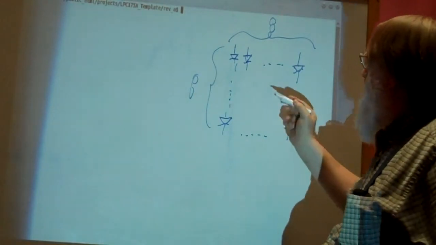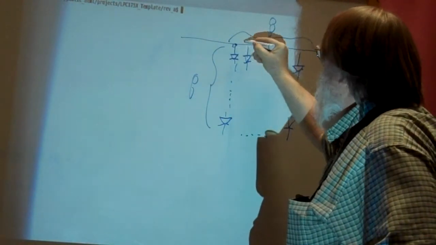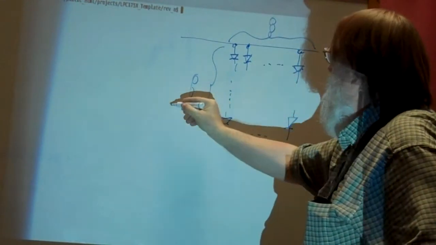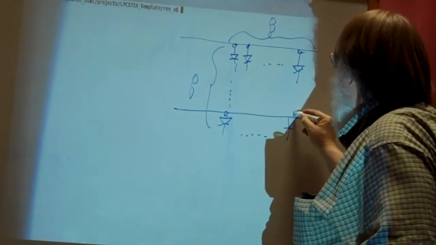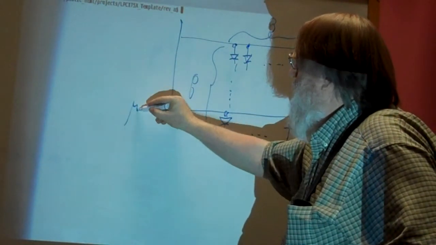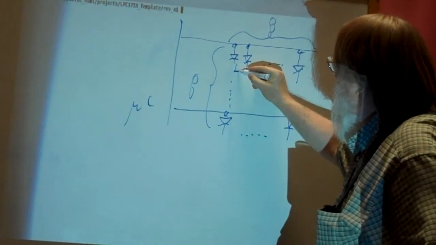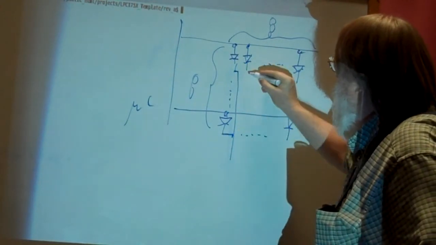Now, the way you do that is you take 8 pins across the top, and you run those to your microcontroller. Okay. And then you take the other ones and you hook them in a column like this.